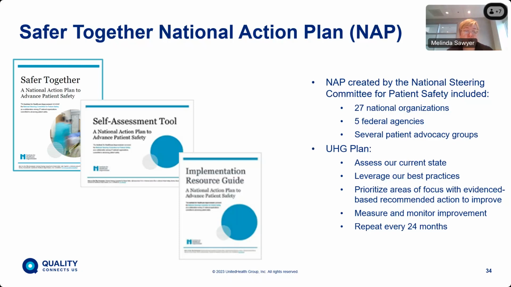And so we thought using the National Action Plan would help us assess our current state, leverage the best practices that were already occurring, and allow us to prioritize our areas of focus with the evidence-based recommendations to improve, and then set a goal to measure and monitor the improvement, as well as repeat this assessment every 24 months. And so I'm going to go a little bit into our journey and how we did this. So next slide.